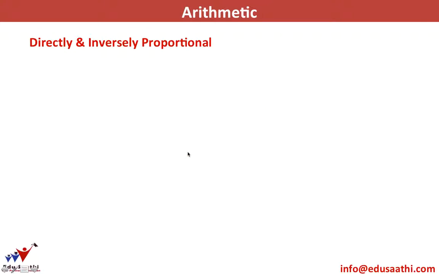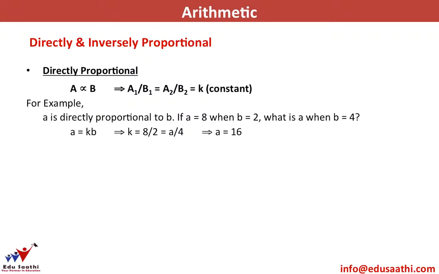Now let's look at the next concept of directly proportional and inversely proportional. Directly proportional: A is directly proportional to B. That means if B increases, A will also increase. If B decreases, A will also decrease.